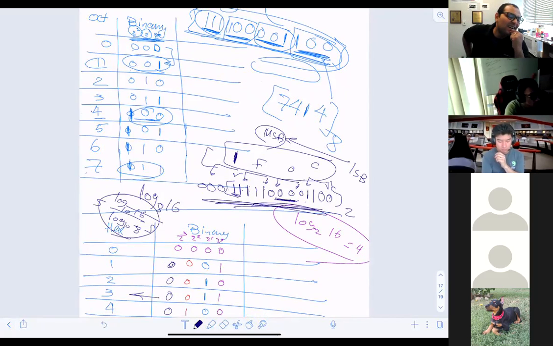Log 10 of 16 gives you 1.2. So you said just do it as 1? You wrap around. Yes. Any fraction you see, you just go up. It doesn't matter what the weight of the fraction is. You just go up. Okay.